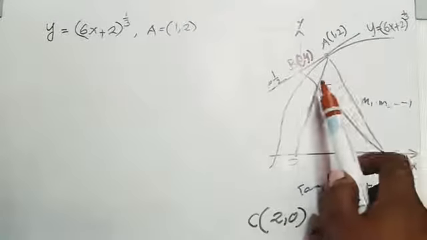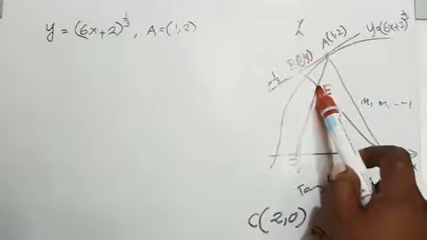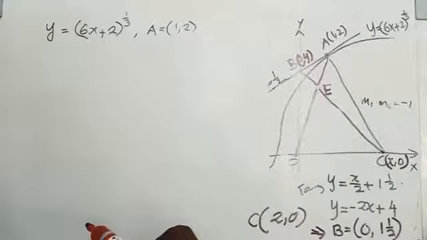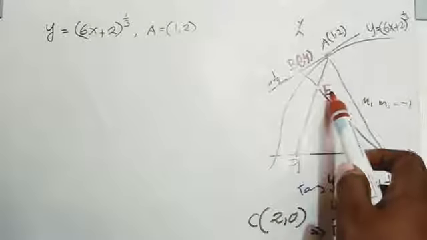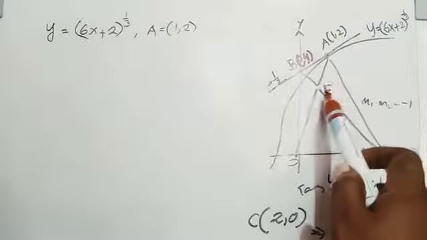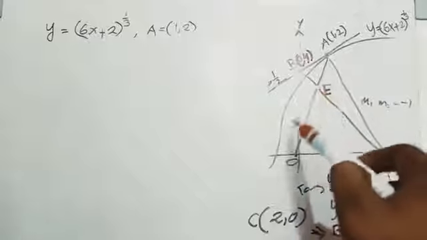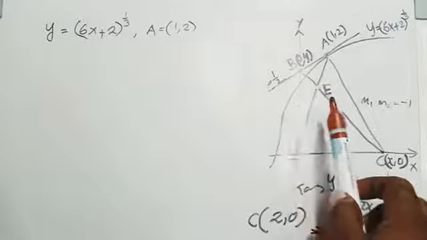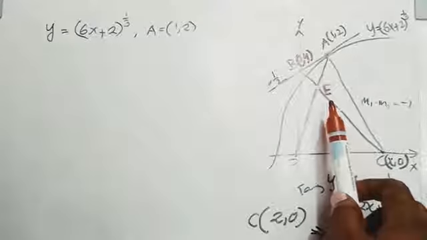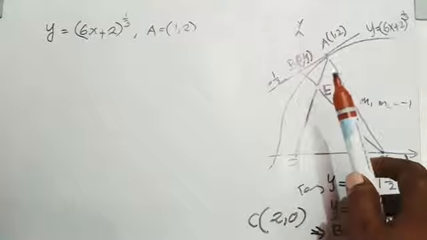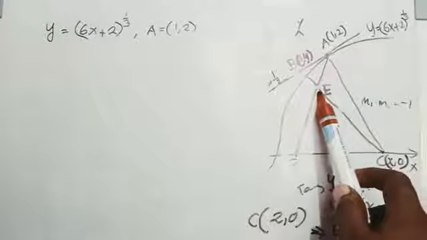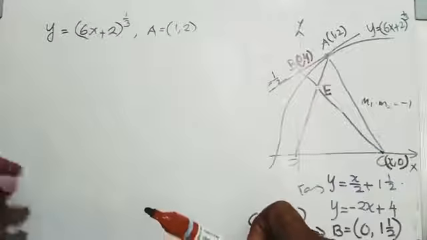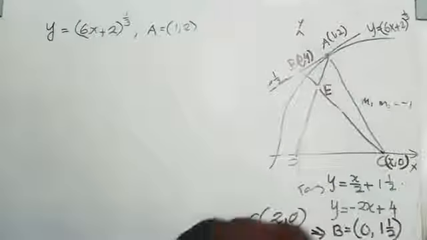Next question is, E is the point of intersection of OA and BC. We have to find the coordinates of E and check whether this point is the midpoint of OA. So our first task is to find out the coordinates of point E, where E is the point of intersection of BC and OA.